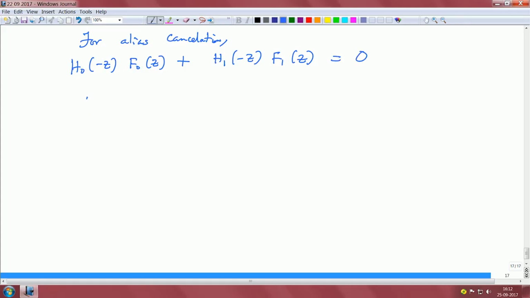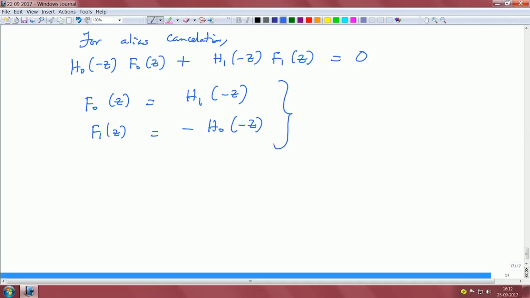One choice is to have f naught of z to be h1 of minus z and f1 of z equals minus h naught of minus z. Now, you plug in f naught and f1 to be these values that are given here, and you can see that it is indeed vanishing, right.